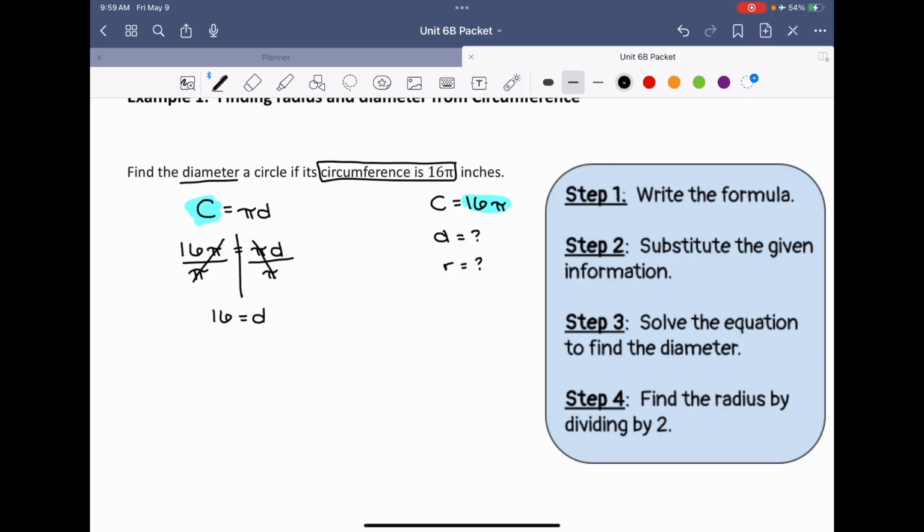So 16 is the diameter, which is what they asked us to find. So if they give you the circumference of 16 times pi, don't multiply that out because it's just going to make it more complicated for you. Okay. If I was then asked to find the radius, just as a little follow-up, remember the radius is half of the diameter, so the radius would be 8.